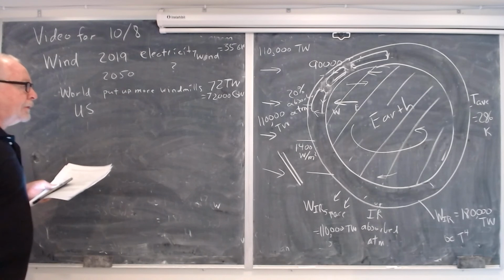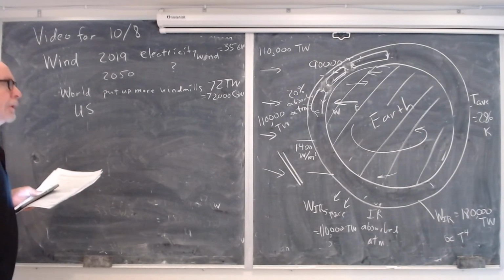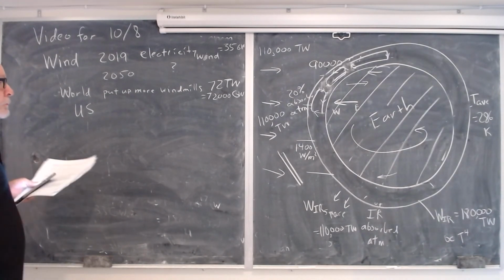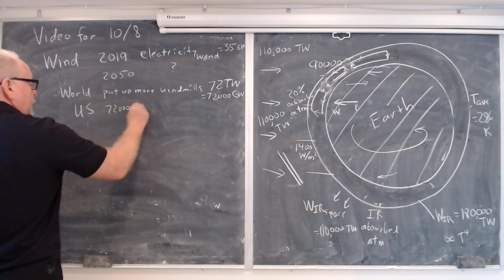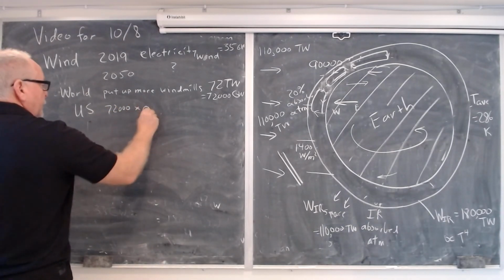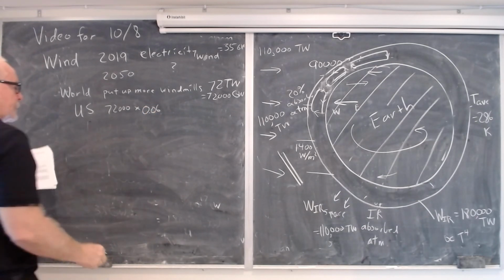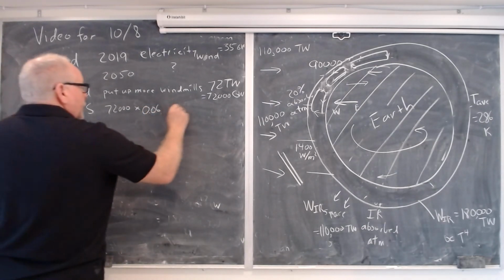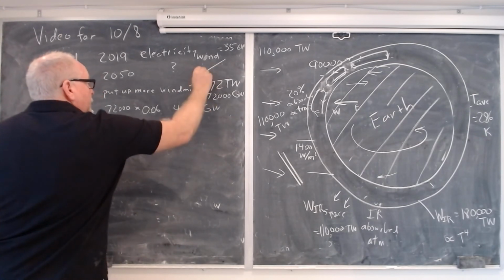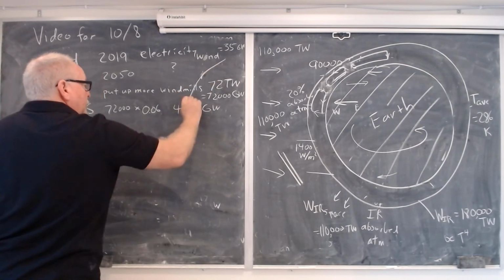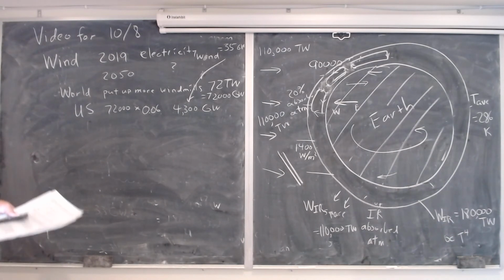Because a terawatt is 1,000 gigawatts. And so if you take that times the U.S. percentage of the landmass, 0.06, you get 4,300 gigawatts potential, according to that.